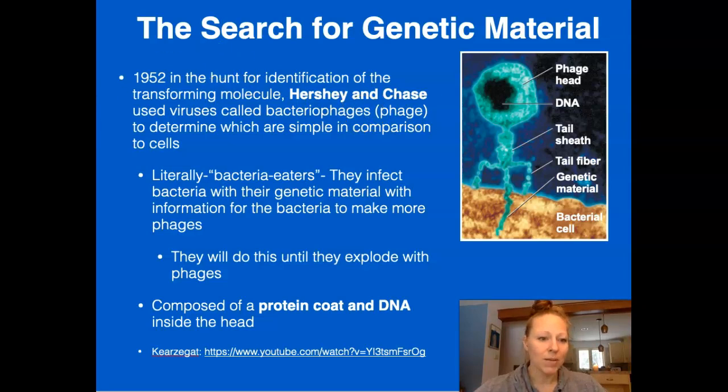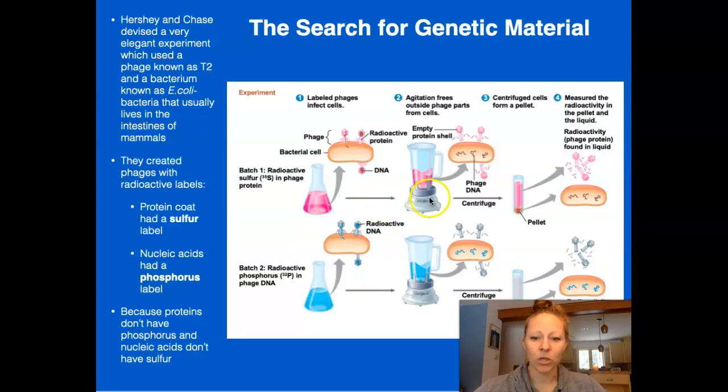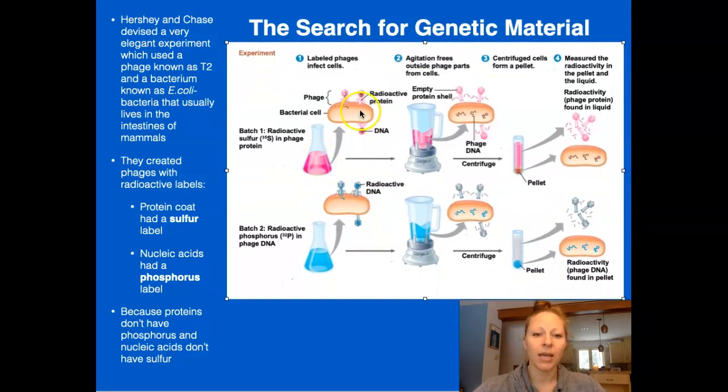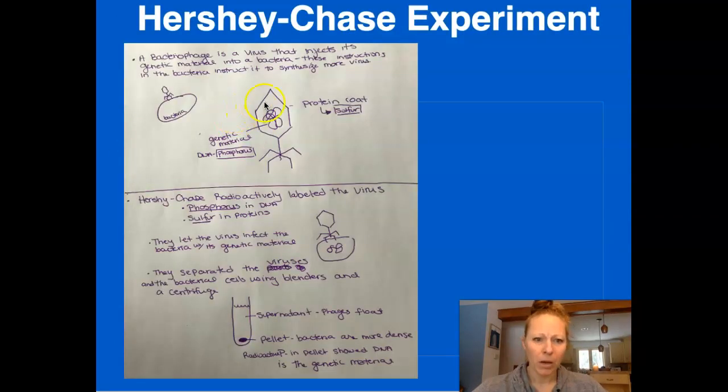And what Hershey and Chase did, let me move this up, is they made a radioactive label. Let me go to this picture I drew. They radioactively labeled the protein coat, so the head here, they radioactively labeled sulfur, so they could track the sulfur.